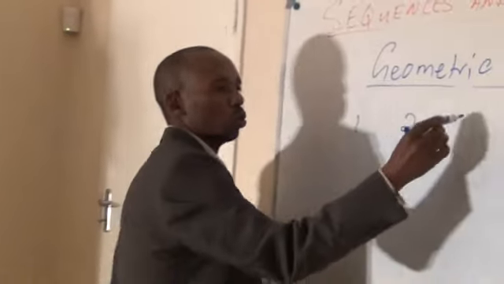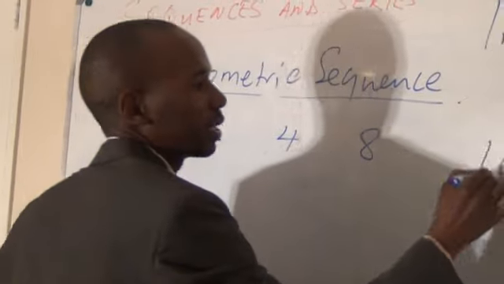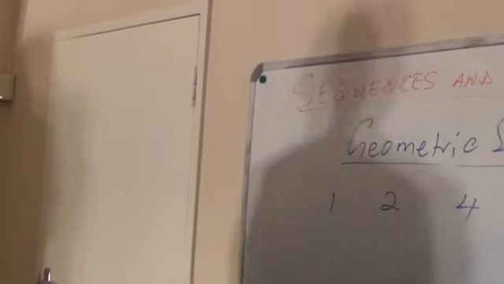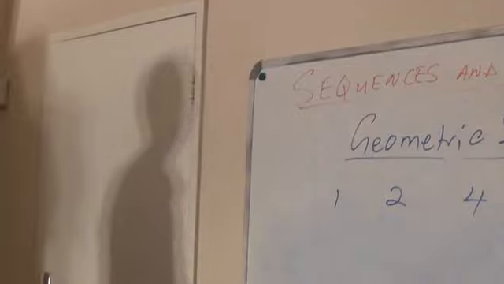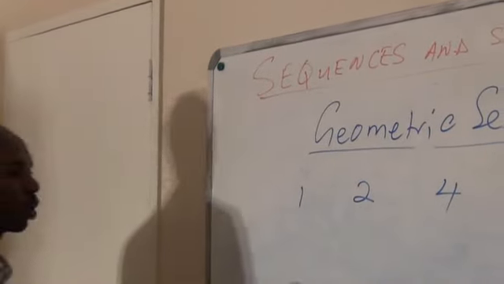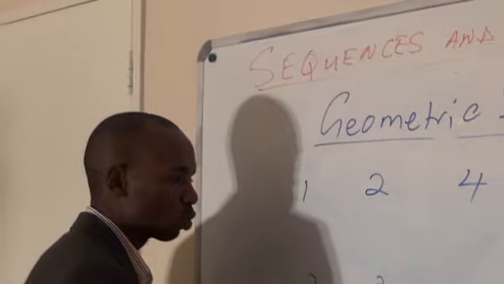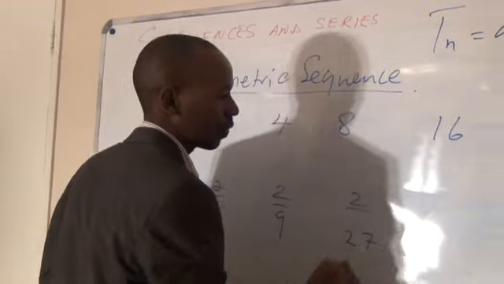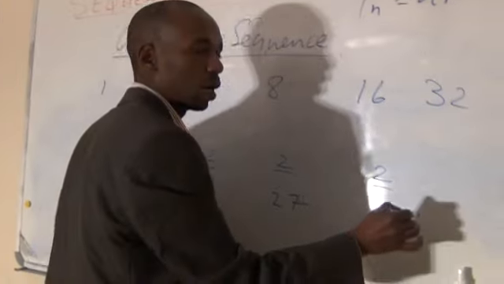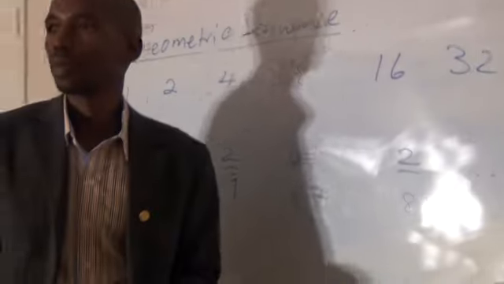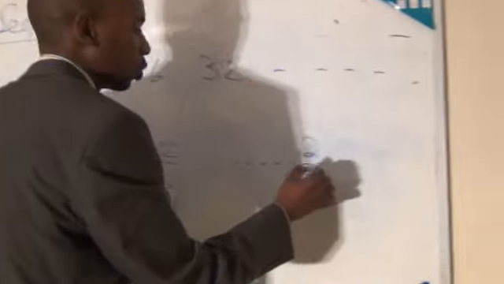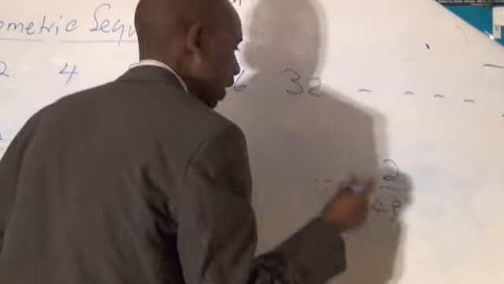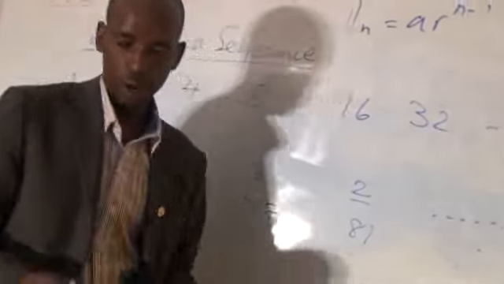Initially we looked at the sequence 1, 2, 4, 8, 16, 32 and so on, and we saw the relationship between Tn and n, easily found it. And now we've just gone on to look at this sequence 2, 2 over 3, 2 over 9, 2 over 27, 2 over 81. Obviously this one will be 2 over 243. So the next term, and so on and so on.